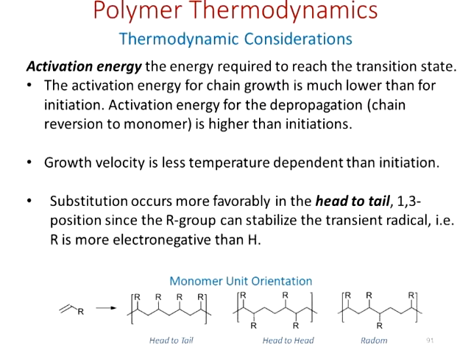So again, the key concept with regards to substitution has to do with whether it polymerizes by a head-to-tail, a head-to-head, or a random attachment. The head-to-tail is by far favored because of the stability of the radical in the transition state. Okay, so these are some important thermodynamic considerations related to the activation energy required to form the polymer.